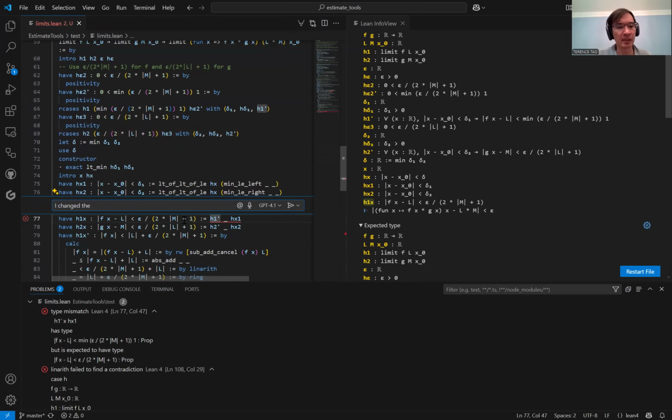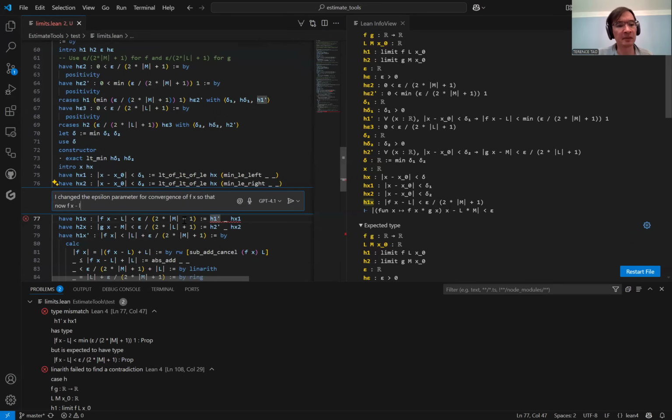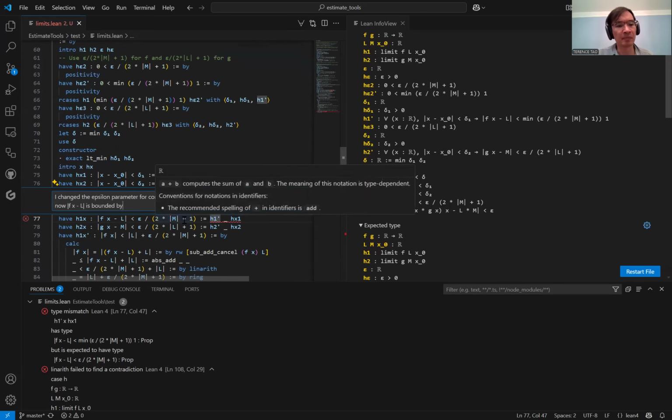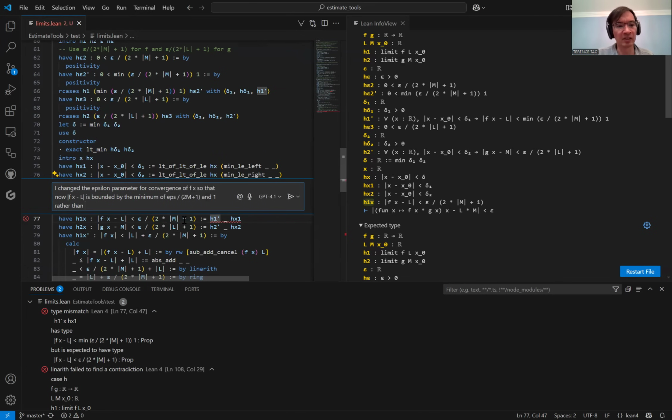Change the x, so that now f x minus L is bounded by the minimum of 2m plus 1 and 1. Now we need two steps here.